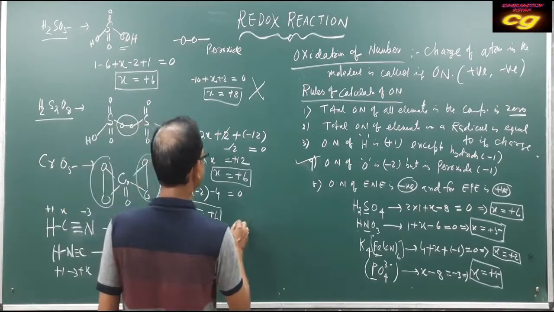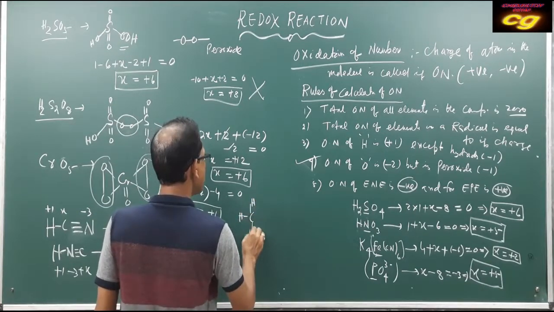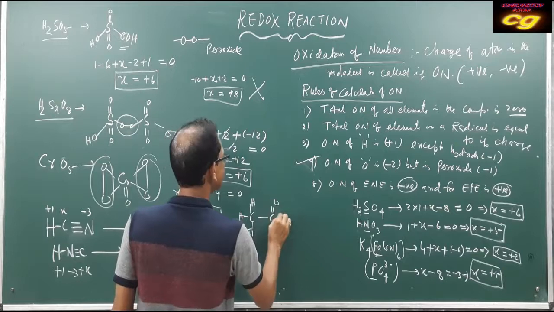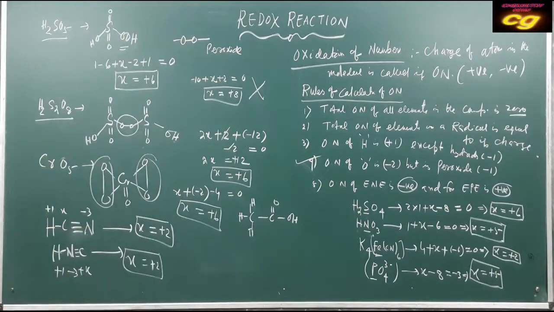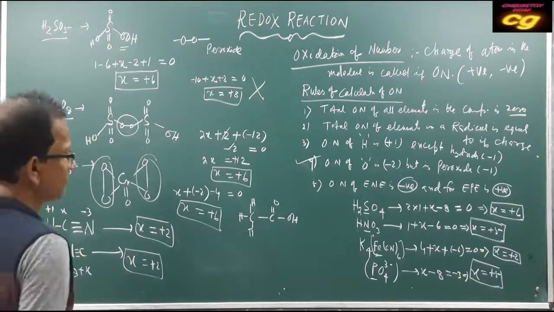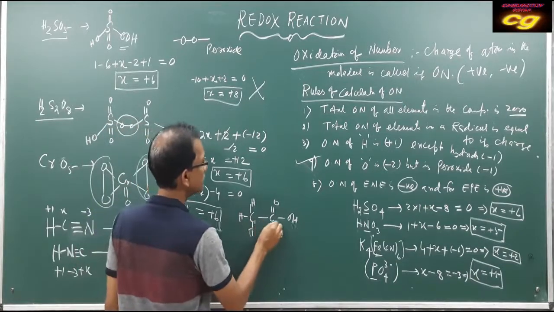Suppose acetic acid. The structure of acetic acid is like this. What is the individual oxidation number of each carbon? We'll discuss now. This is the first carbon, C1, and this is C2.